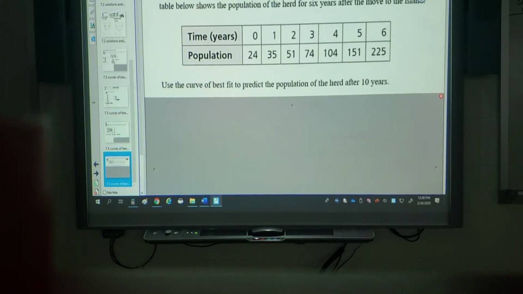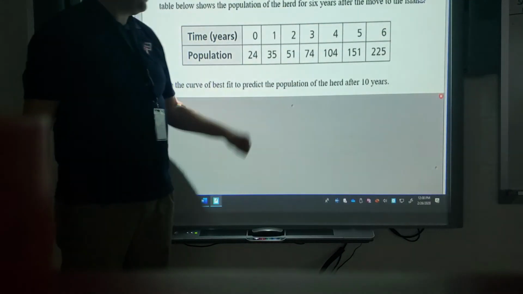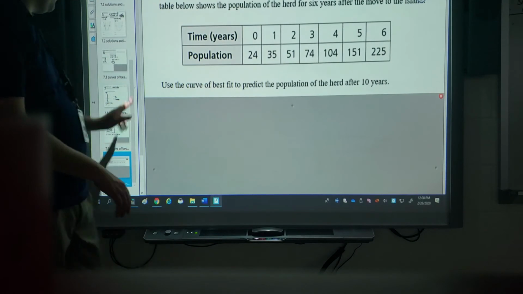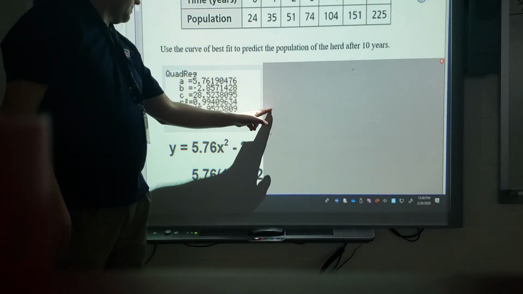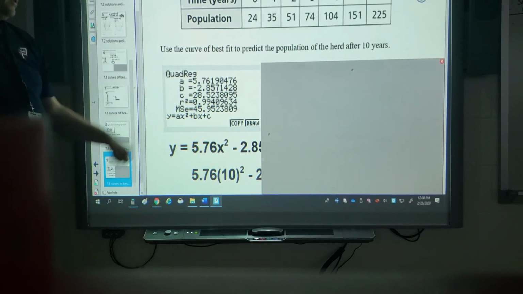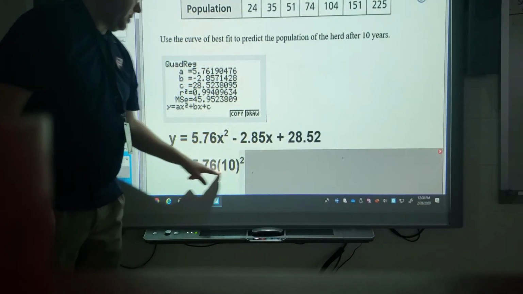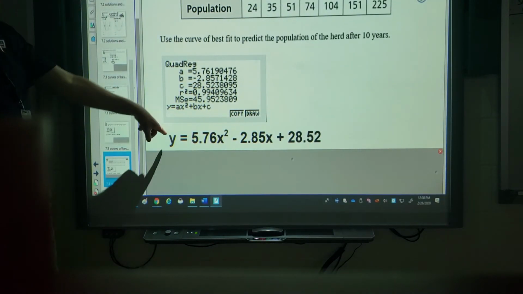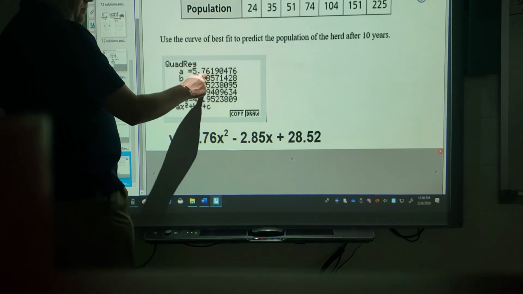If you go to the last question, once again, very similar. We've got another table. You're going to type this one in list 1. You're going to type this one in list 2. And this time they do ask for a prediction. So once you type in, once again, horrible numbers for this. And that's not surprising. That's normally what happens. Once you've got your numbers, just round them to 2 decimal places, or even just take the first 2 decimal places.